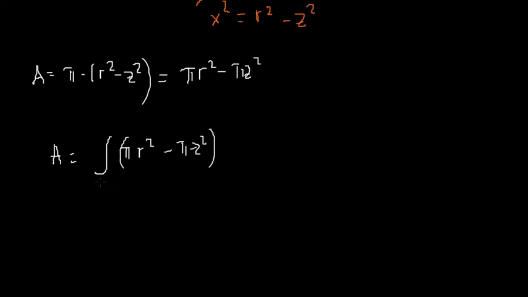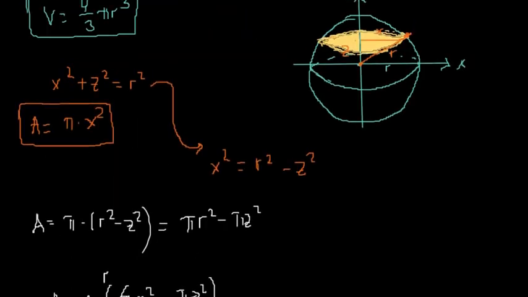between 0 and r, but I'm going to multiply by 2 because in the first case I'm going from here to here, in order to evaluate all the slices between my origin and the upper part of my sphere and the lower part of the sphere.